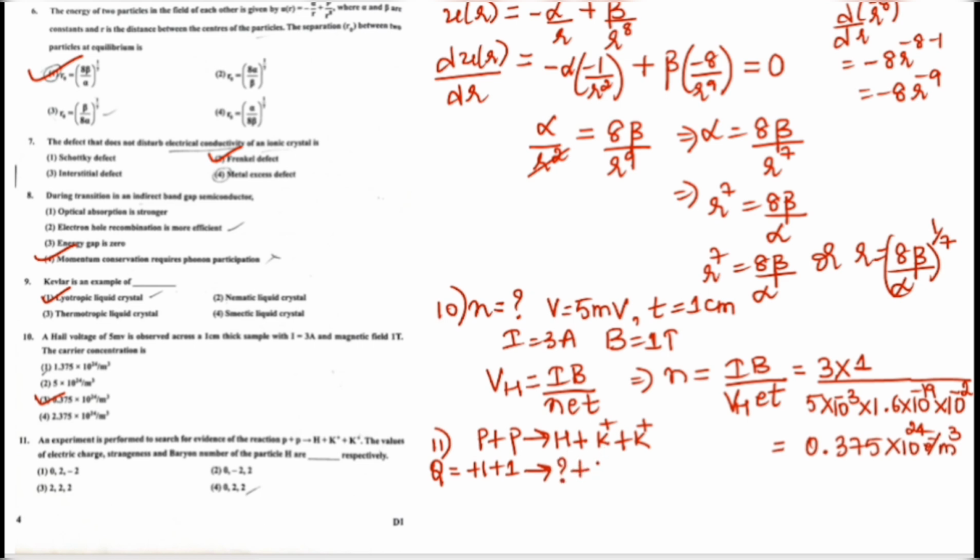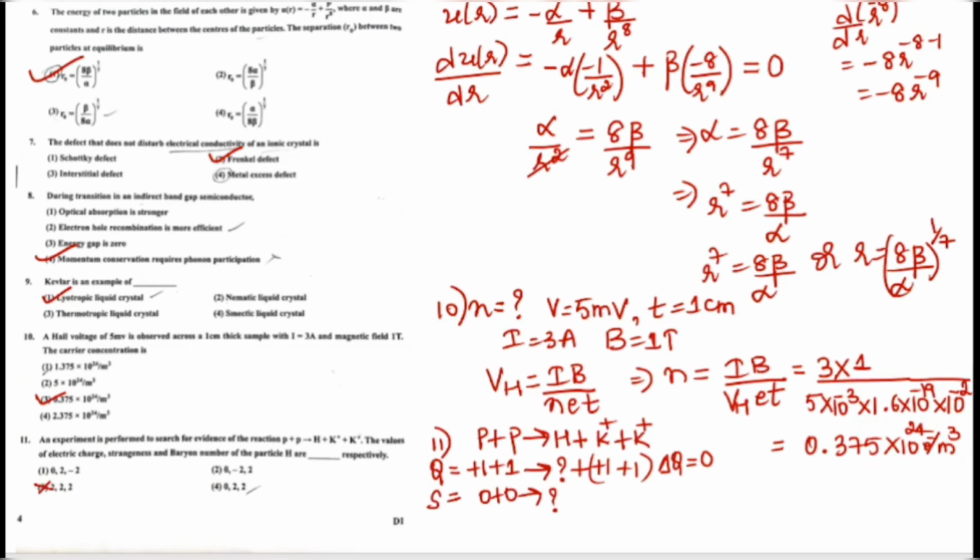K positive, it is clearly mentioned, it is having the charge plus one, and it is also having plus 1. Here also plus 1 charge, so Q is equal to 0. If delta Q, that is a conservation of the charge, should be equal to 0, what should be the value of H? The value of H should be 0. We can clearly see the value of H should be 0, that is the charge is equal to 0. First we got charge 0.